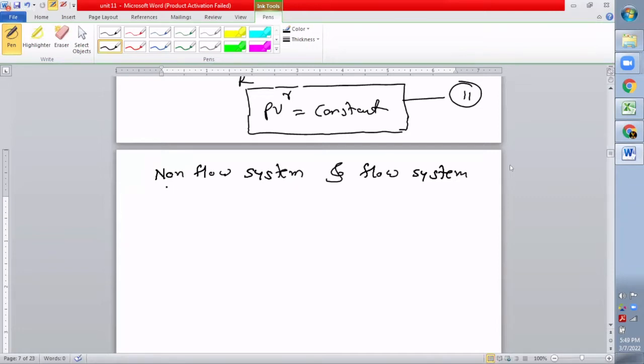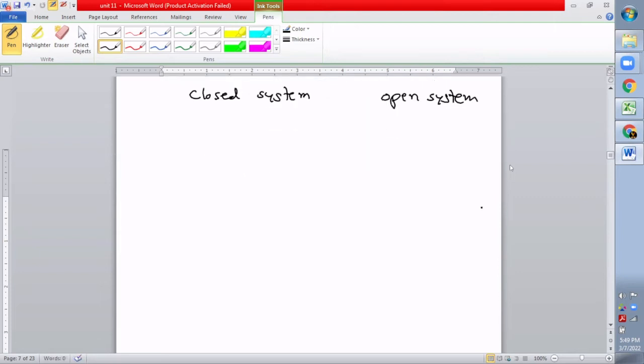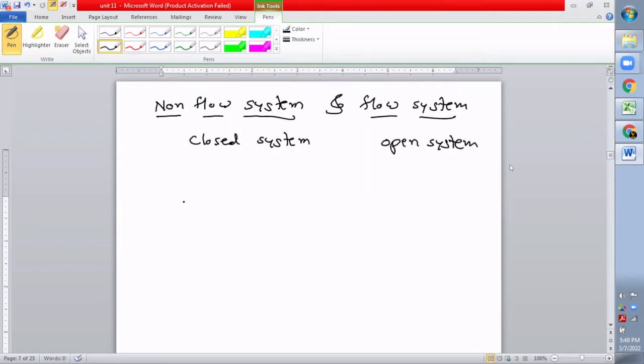Non-flow system, this basically we call the closed system, is it? It is called closed system. And this flow system we call open system. Now, the most commonly studied closed system is the piston and cylinder arrangement.